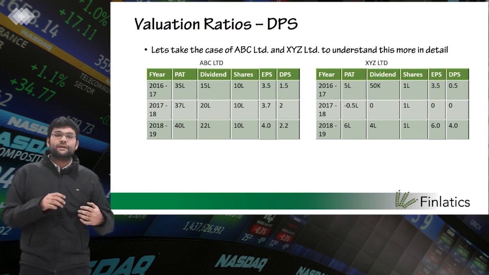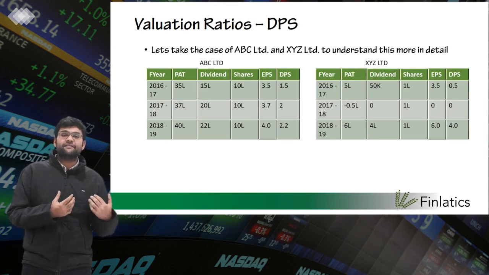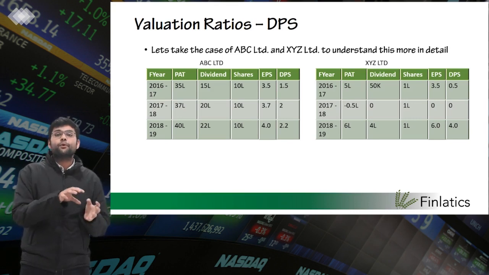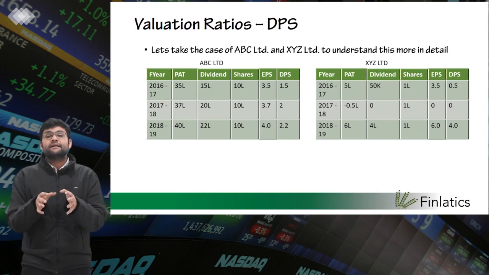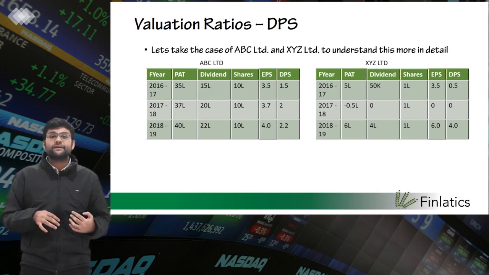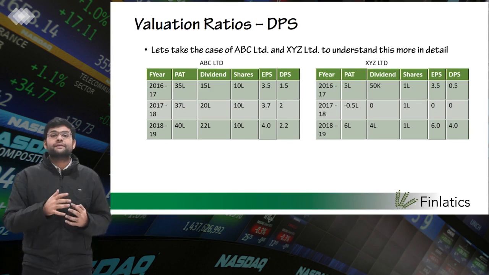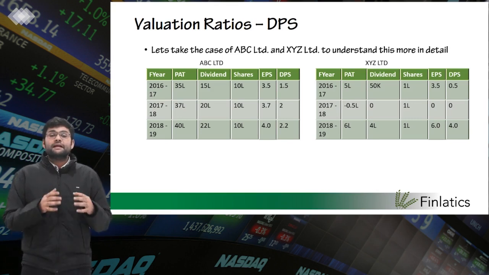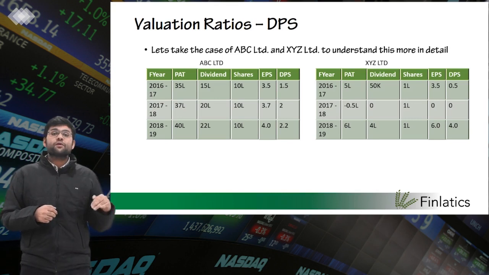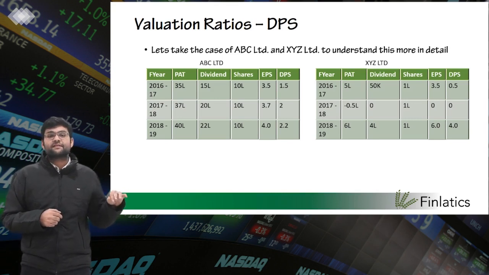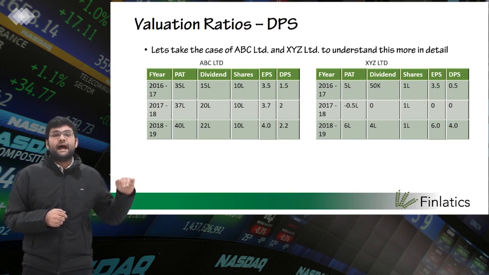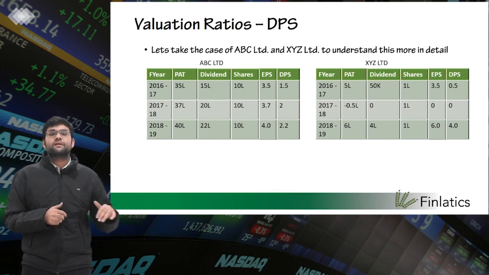The difference between profit after tax and dividend is the component of earnings that the company has decided to retain back in order to fund its future growth activities. This retention also causes the subsequent difference between earnings per share and dividend per share.